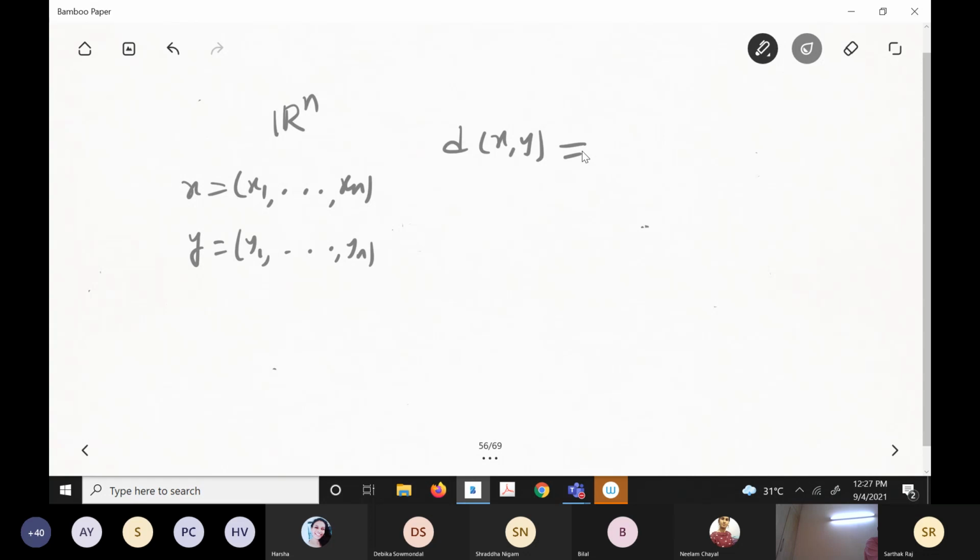Then d(x,y) you have defined this way, taking the squares, with the square root. This gives a metric. But when you are going to prove something is a metric, the only thing that will give you trouble is the triangle inequality.